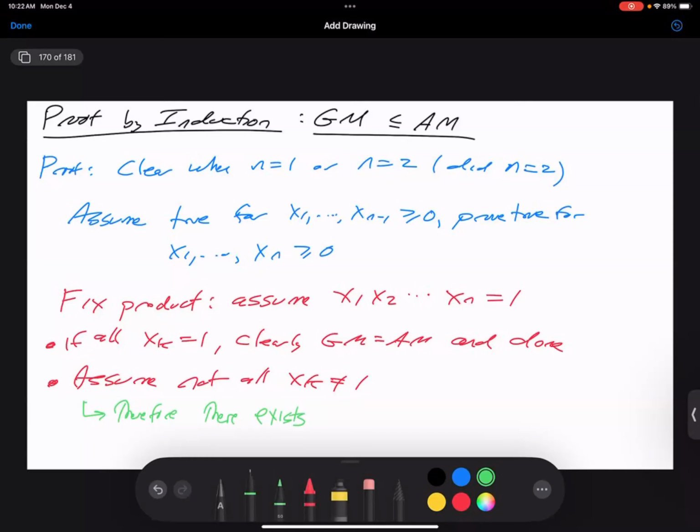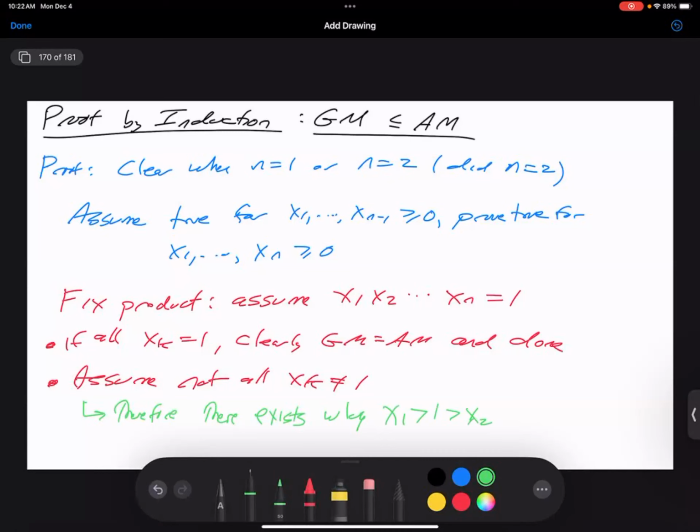So the product is equal to 1, but not all the x's are equal to 1. What must be true? Excellent. There exists, without loss of generality, x1 greater than 1 greater than x2. I can always relabel them and make them x1 and x2.